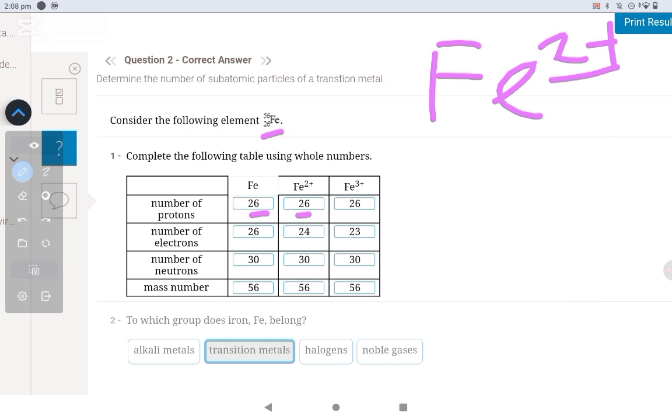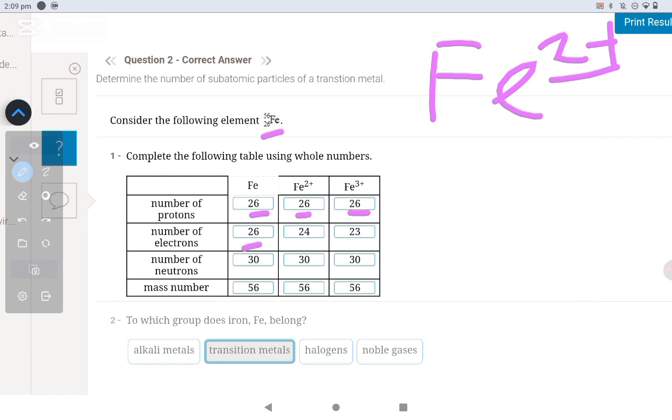So 26 remains 26. Also for Fe3 plus, the number of protons remains the same for all of them, because it's only the electrons that are changing when there's a difference in charge.